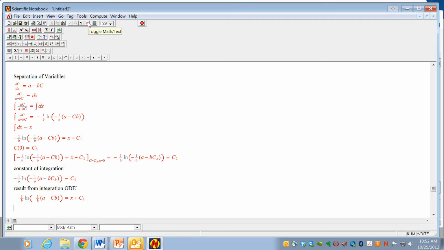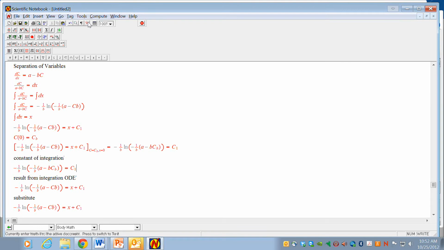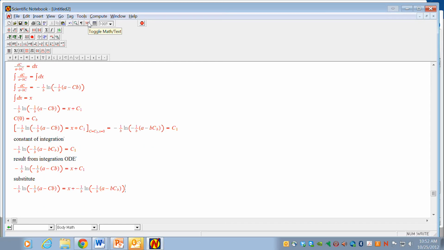So then we will substitute, and we'll get this. So that's the result, and I'm just going to take this and put it in here. Cut and paste. So that is the result then, and we have concentration here as a function of x and constants. So this is the result.